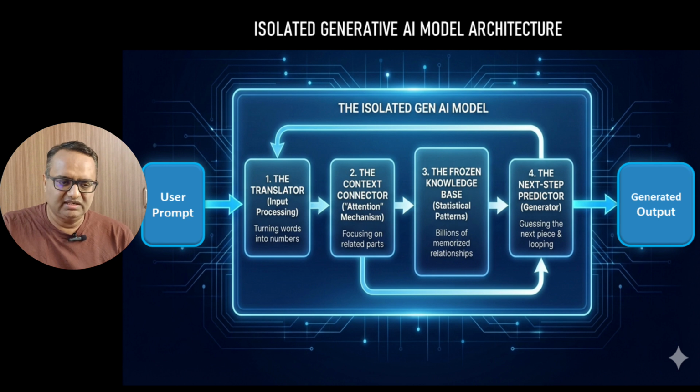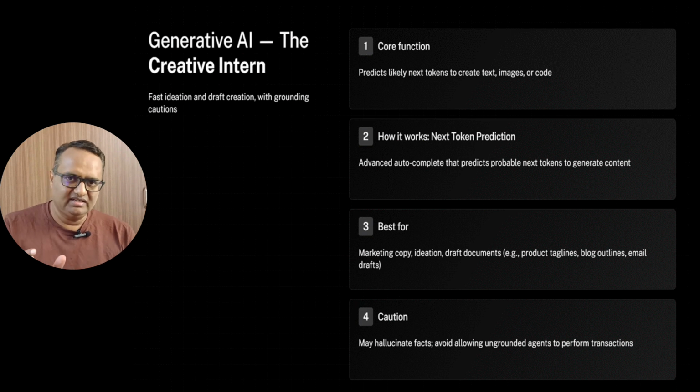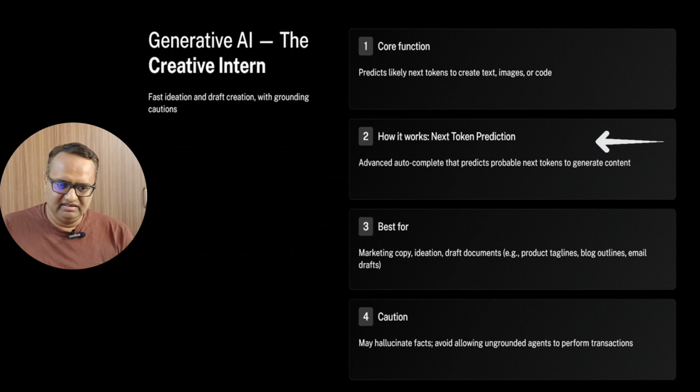Let's go to the next slide, generative AI, the creative intern. The creative intern creates content token by token. It creates one token, predicts the next one and creates the other one, so cyclically it creates the content and finally gives the output.